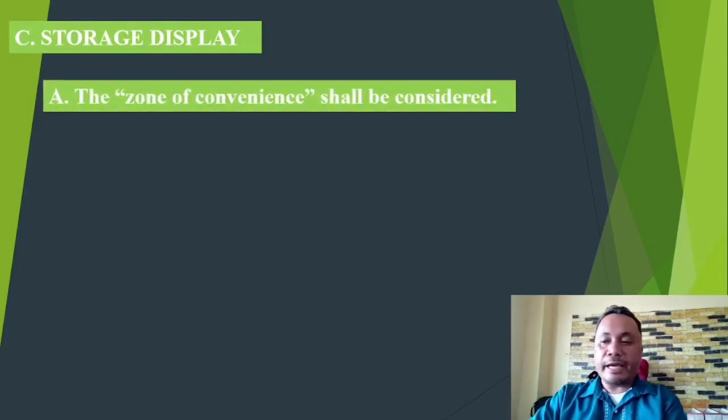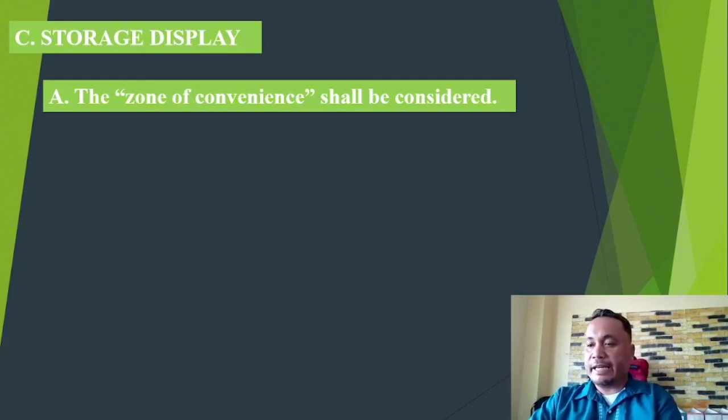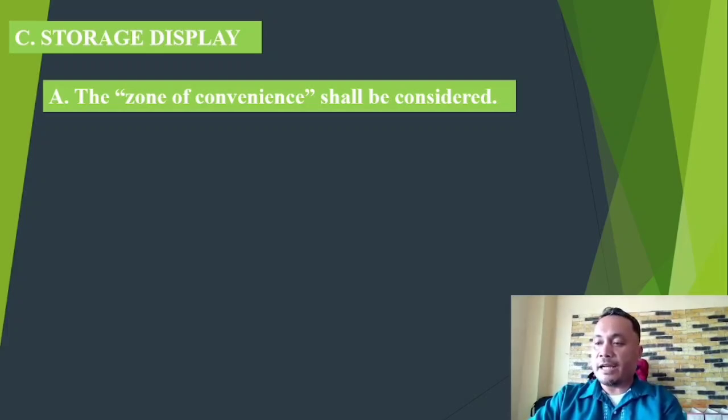Okay, so let's proceed to storage and display. The zone of convenience shall be considered. Furniture for storing and displaying materials, supplies, and equipment is as essential as seats and tables in any school. The design and standard measurement of storage and display furniture may be determined according to the following guidelines.